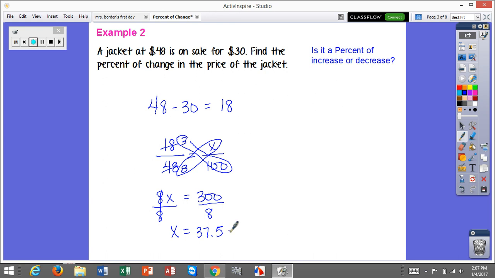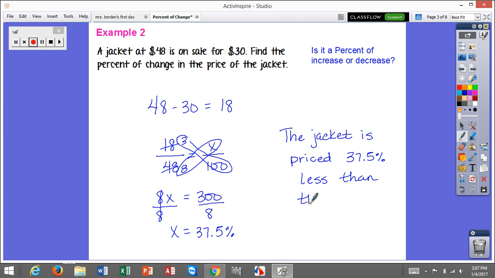And since this is representing a percentage out of 100, we're going to add a percent sign to our answer. So we can say that the jacket is priced 37.5% less than the original.